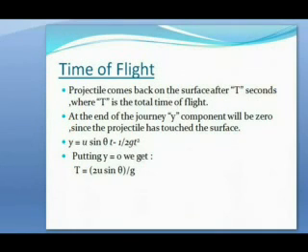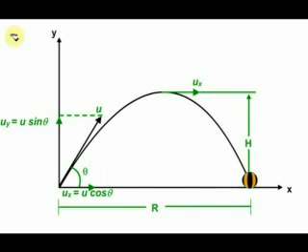Now let's calculate the time of flight of the projectile. Once projected, the projectile will come back to the surface after t seconds, where t is the total time of flight. So let's calculate this time of flight. As you can see from here, after time t, which is the time of flight, the projectile is once again on the ground.